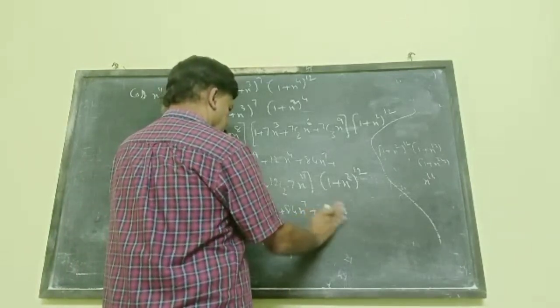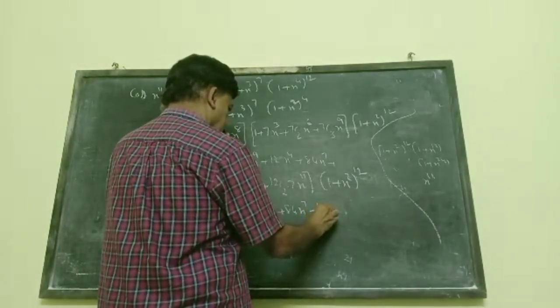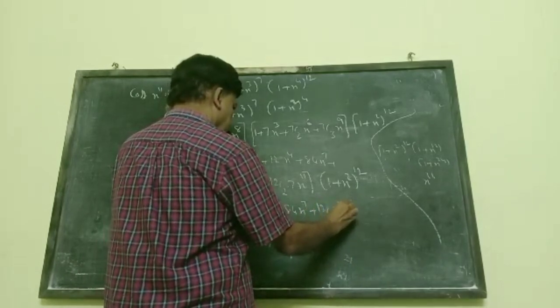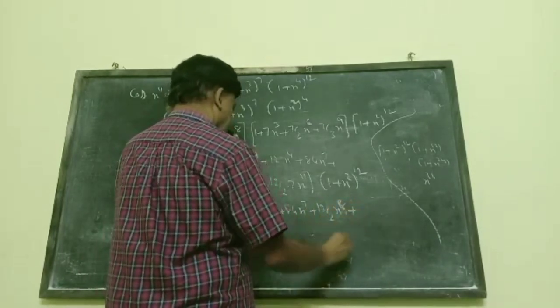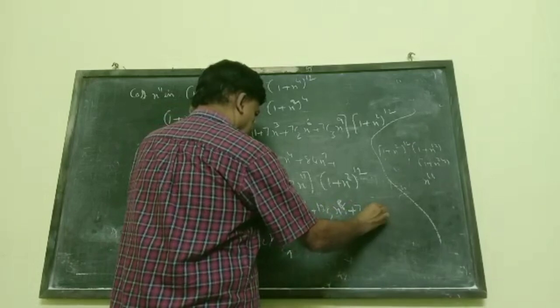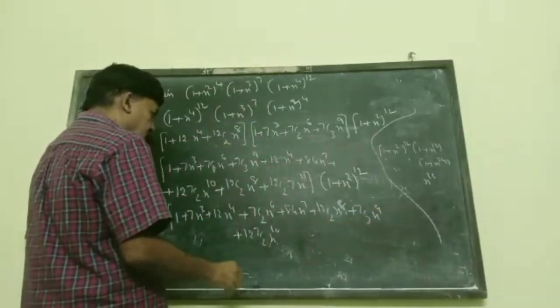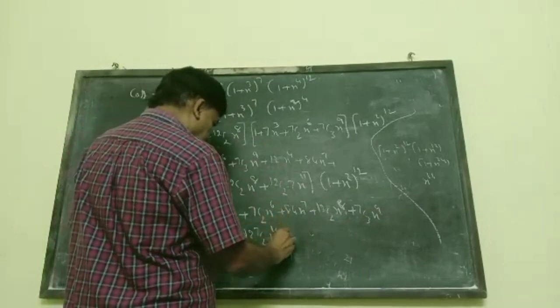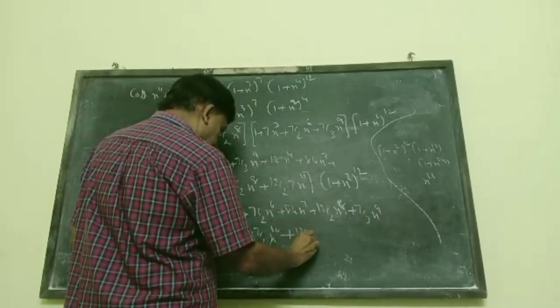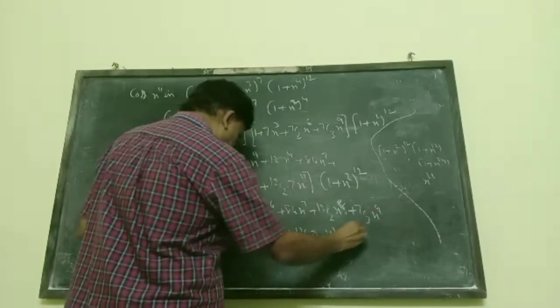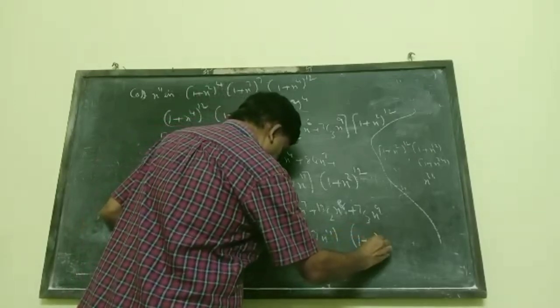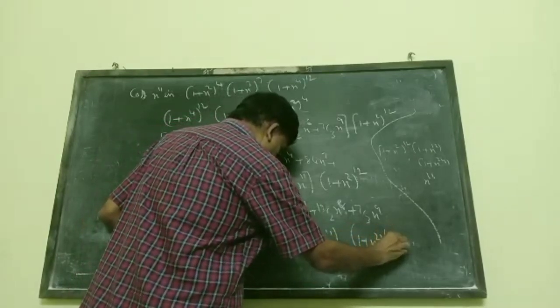Okay, we'll write here first x⁸: 12C2 x⁸, plus 7C3 x⁹, x¹⁰. Then finally you want x¹¹: 12C2 into 7 into x¹¹, into (1 + x²)¹².